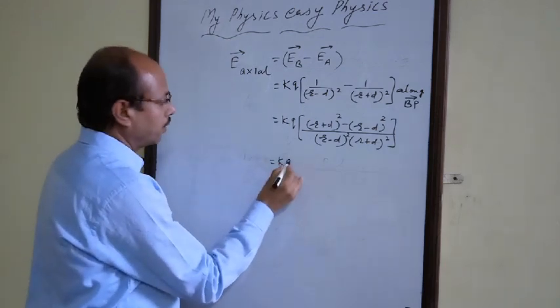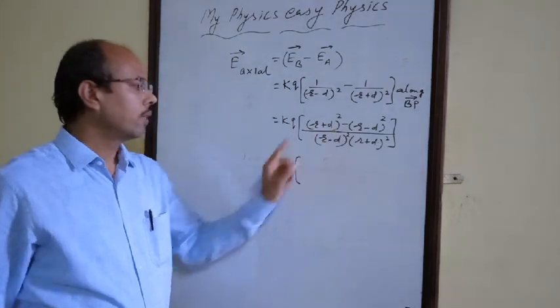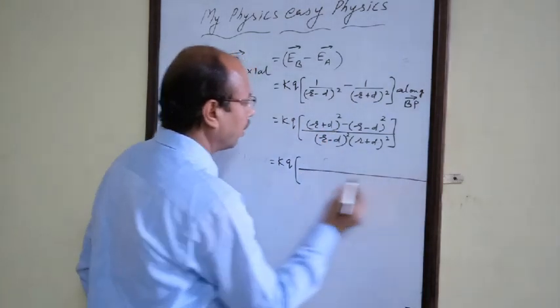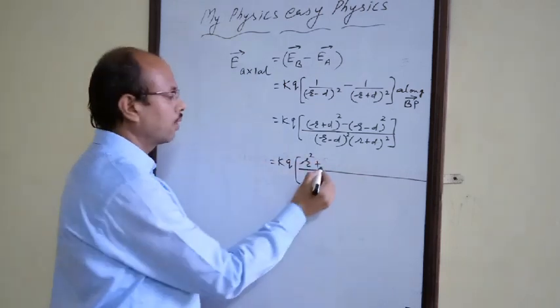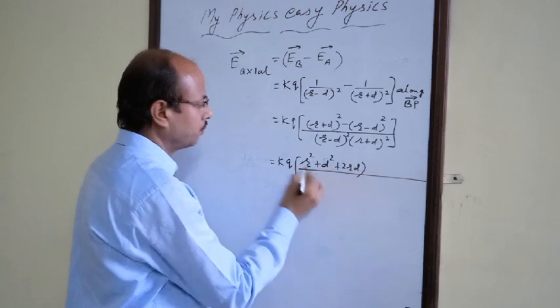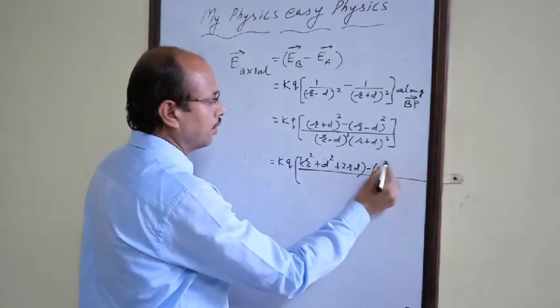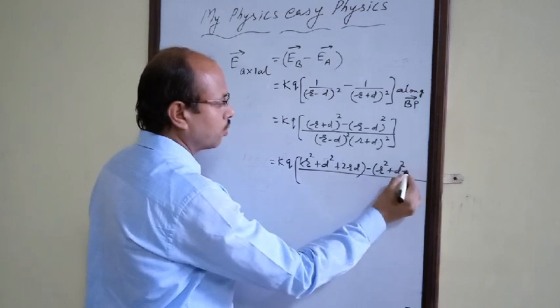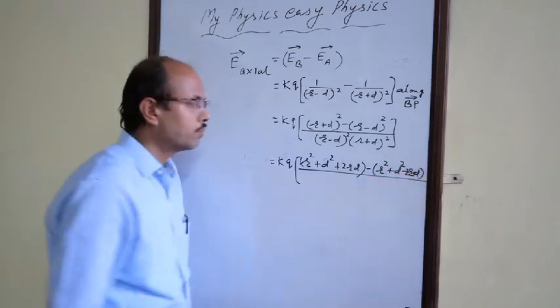Now after solving, it is clear that in KQ the first term will be R square plus D square plus 2RD minus R square plus D square minus 2RD.